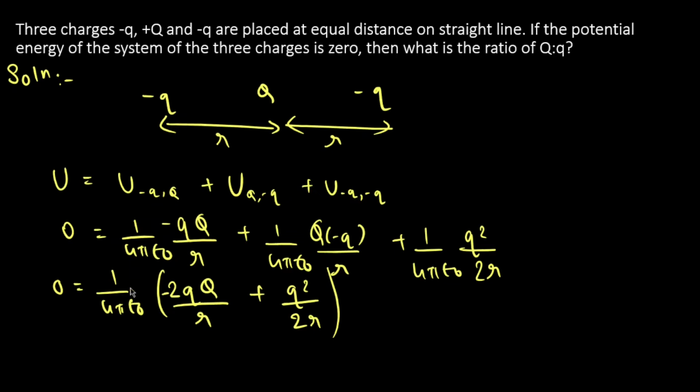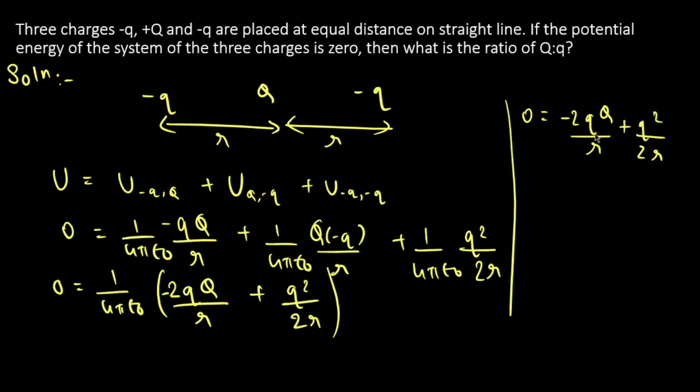Now if we take 1 upon 4 pi epsilon that side, we'll get 0 equal to minus 2q by r plus q square upon 2r. So if you move this to the left hand side, we'll get 2q capital Q upon r equal to q square upon 2r.